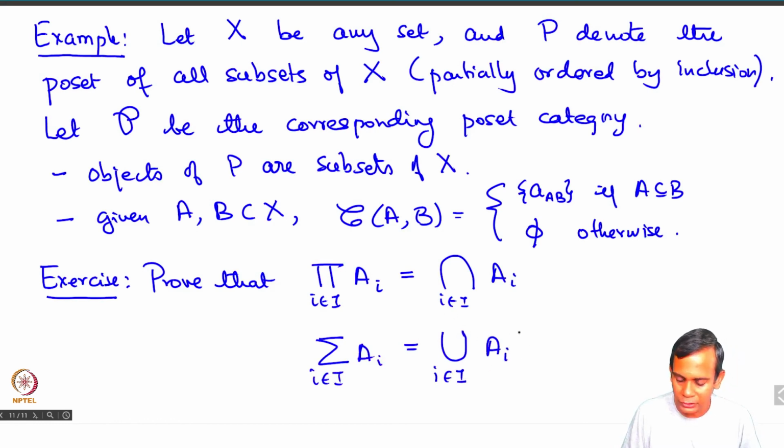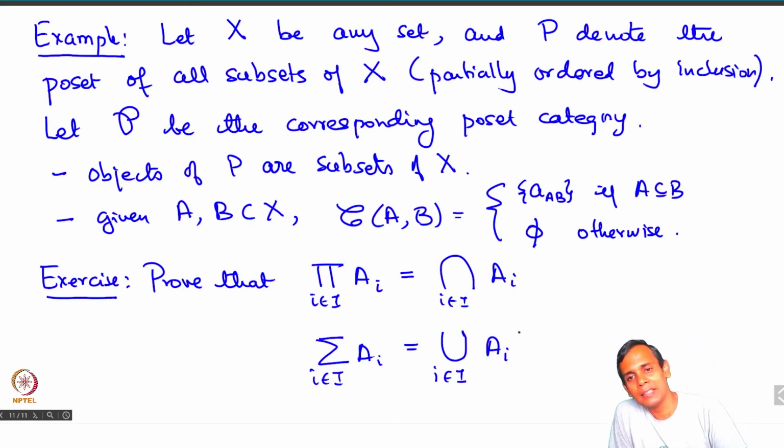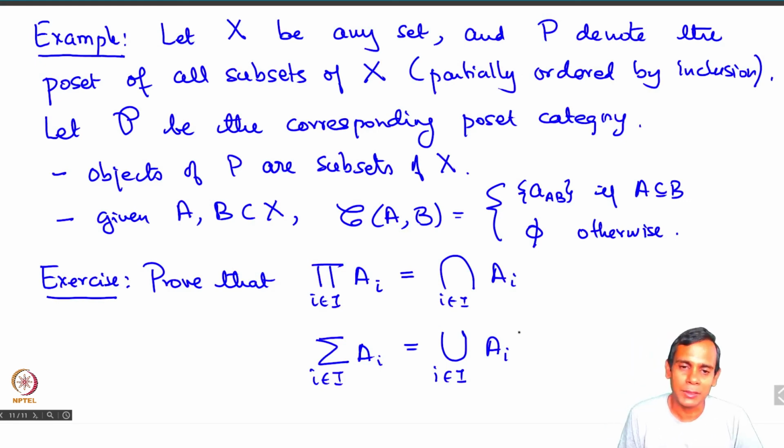And here I don't mean disjoint union, they're just subsets of the set X. You take their union inside X. And so that's again a subset of X. So it's just an exercise, and if you can solve this, then you would have to some extent grasped the definition of product and coproduct that I gave you in this lecture.